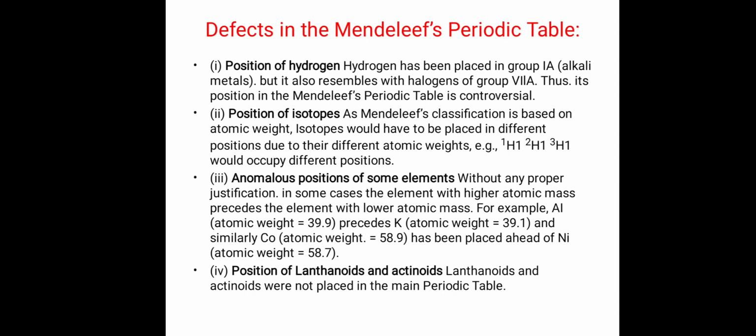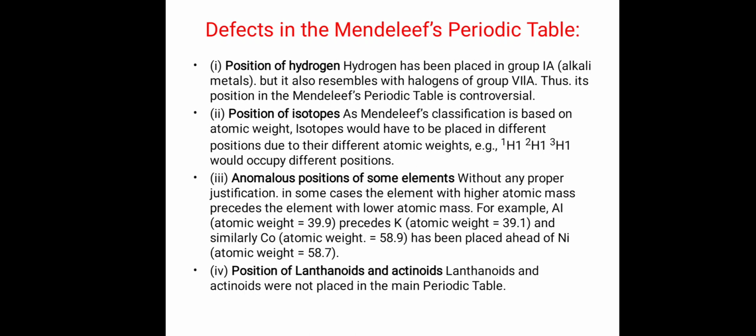The second one is the position of isotopes. As Mendeleev's classification is based on atomic weight, isotopes would have to be placed in different positions due to their different atomic weights. For example, 1H1 protium, deuterium and tritium would occupy different positions.